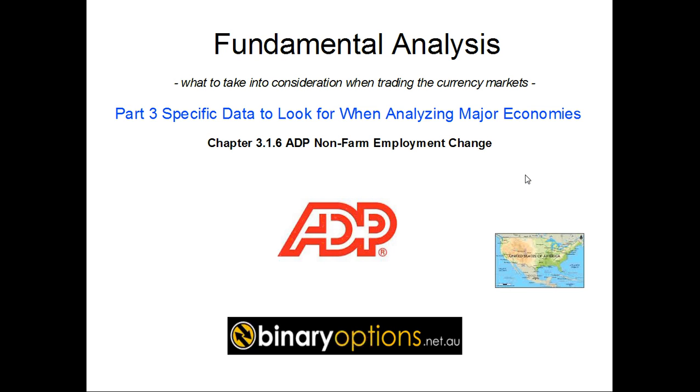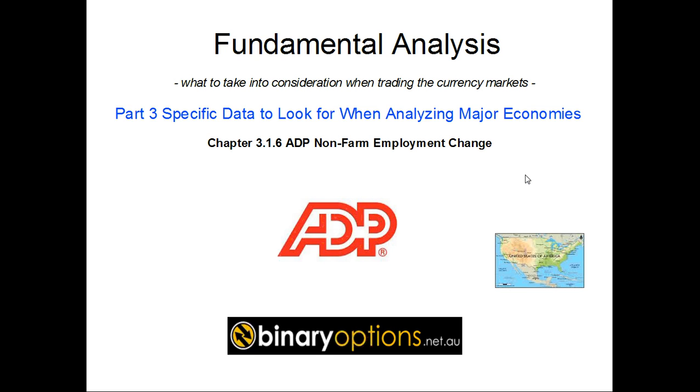Maybe it is more important than the release that shows government-created jobs, because the private sector is extremely important in the United States, but its main scope is to offer an educated guess, a clue for traders regarding the all-important NFP, non-farm payroll number, that should be released 2 days later in the United States.